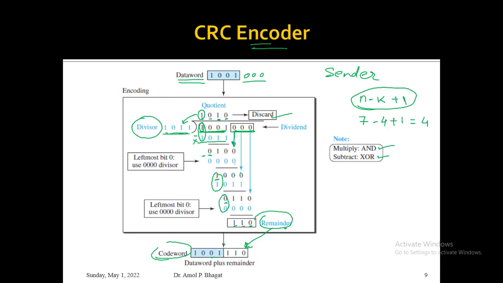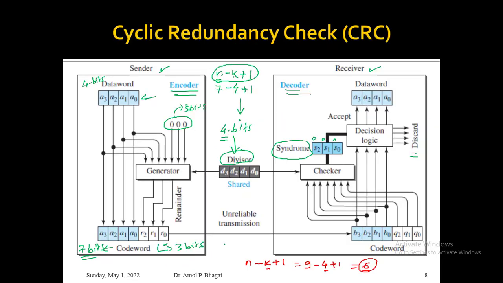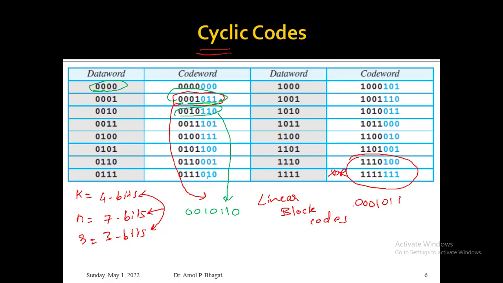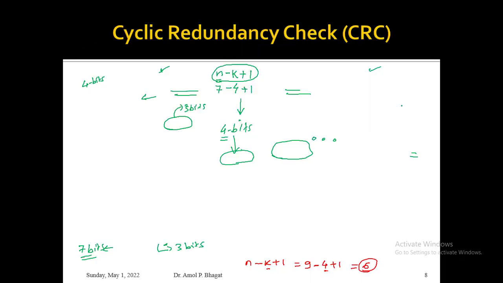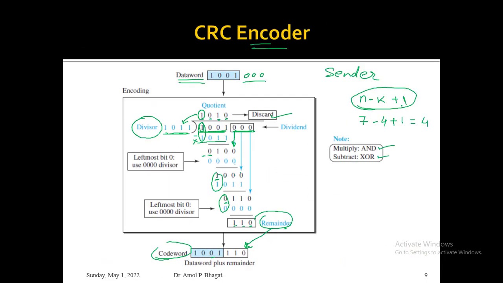You can also observe that in the previous table. 1001 was the data, right? So 1001 and the 110 remainder was generated there, correct. So this is how your encoder will generate the code word from the data word.